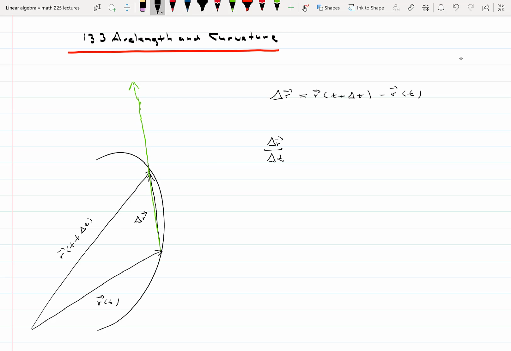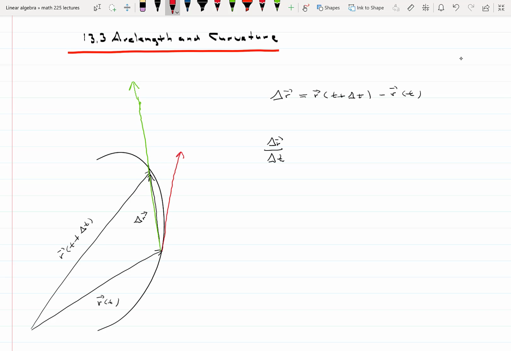Then we let delta t approach 0, and at least geometrically it seems reasonable that the green vector should approach the tangent position. Since delta t is approaching 0, r of t plus delta t is going to approach r of t, so the net result as delta t approaches 0 should be that we approach the desired tangent position.